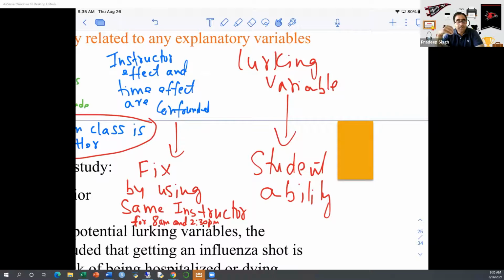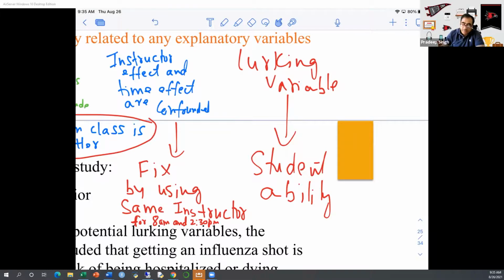And in an observational study, it might end up that students who are better are all registered in 2:30, and because they were better, they did well on exams too. So their grades were better. So that's called the lurking variable. We are not studying it, we are not incorporating it, but in the background it is lurking there, and it is affecting the response variable.